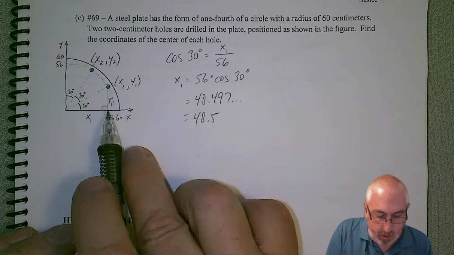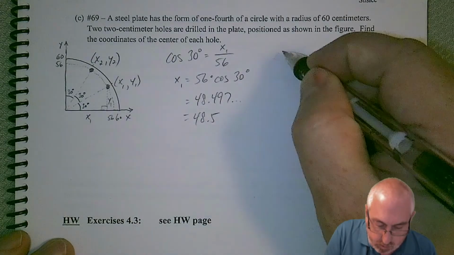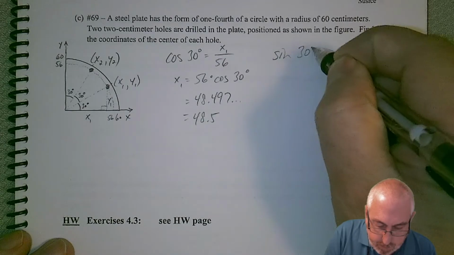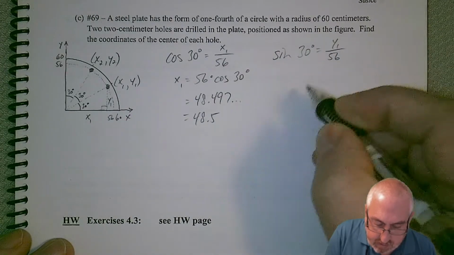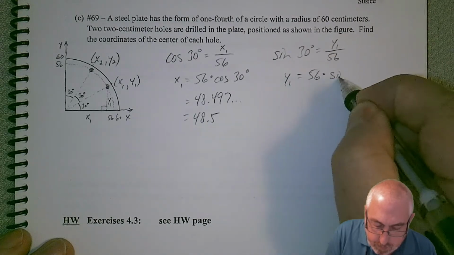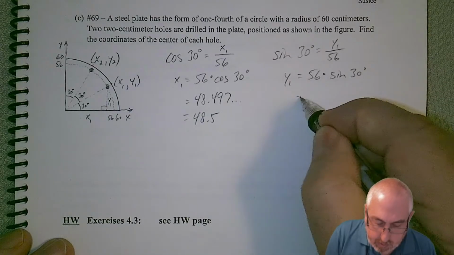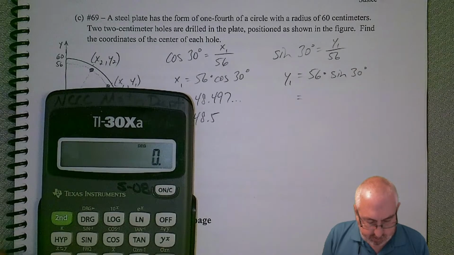All right, let's get our y. So now we have the opposite and the hypotenuse. So sine. So y1 over 56, and so I think this one might be 28, but let's just verify.